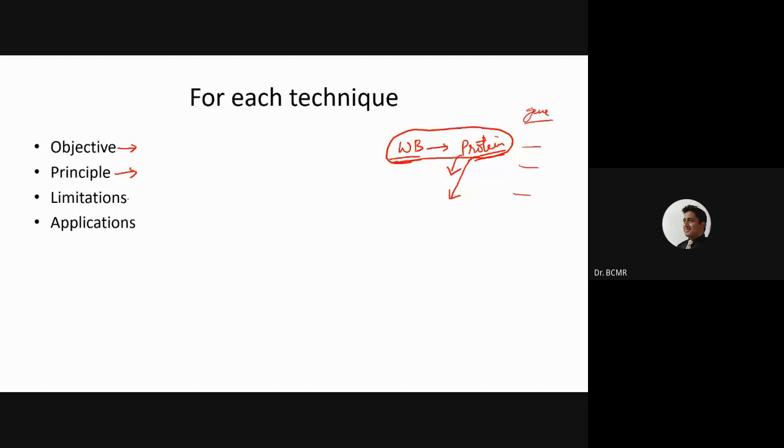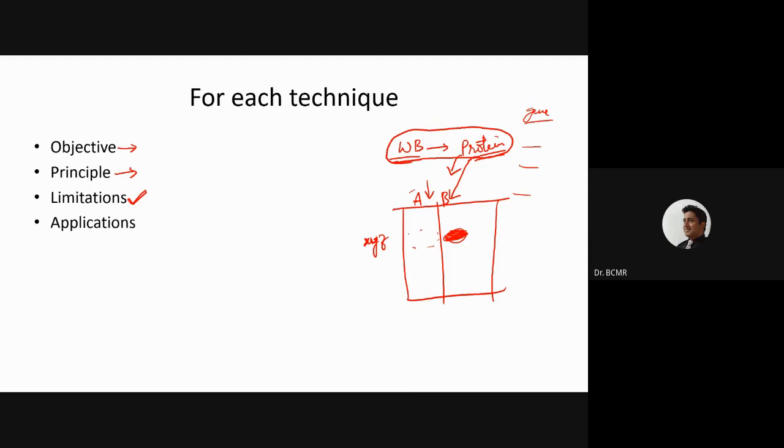We should also know the limitations, what it can be used for and what it cannot be used for, or what it can say and what it cannot say. Say, for example, in Western blotting, there are two samples, A and B, two bacterial cells, and we did protein Western blotting for a protein called XYZ, and strain A does not give a band, whereas strain B has given a band.